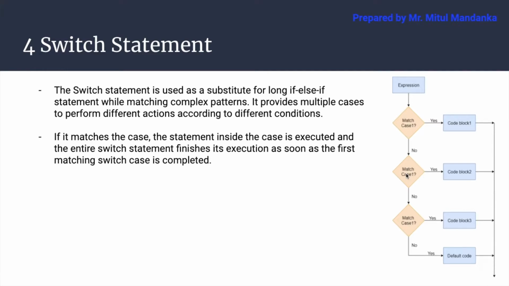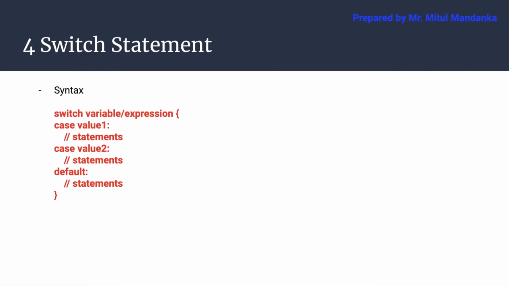Let's take one syntax for this. As we know, the switch statement goes from top to down. It takes the expression and compares it with each case value. If the expression matches any of the cases, the statement inside that case is executed and the switch finishes its execution as soon as the first matching case is completed.